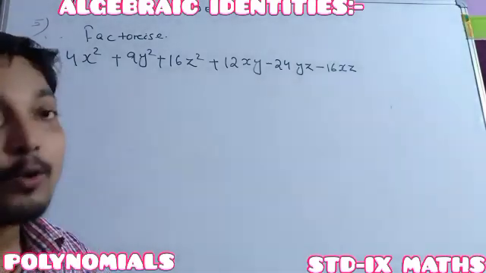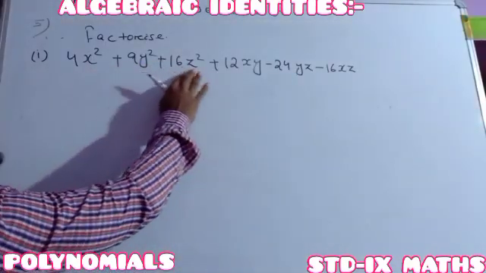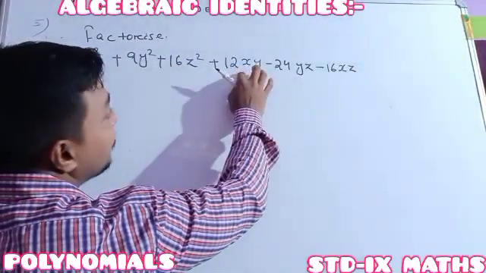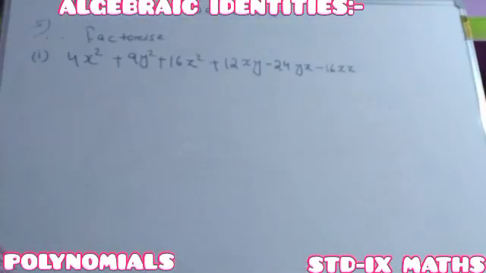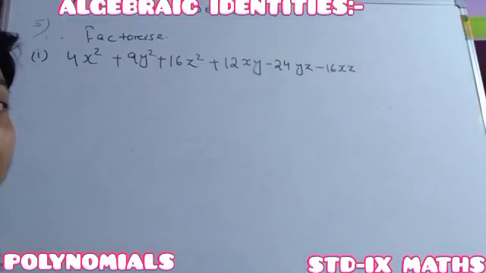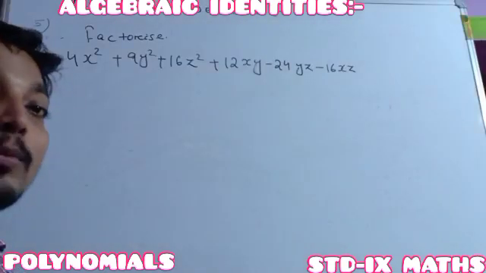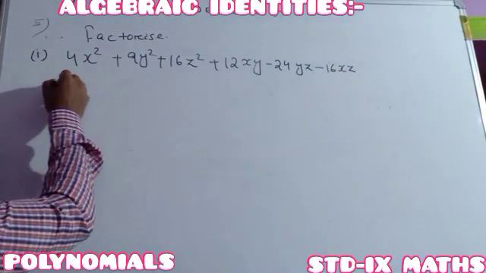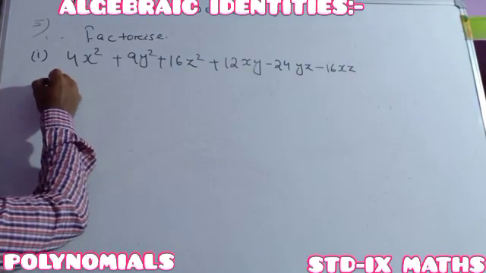So the important thing is we have to arrange whether it can be written as 3 square terms must be there. Then after the product of it means 2 into something, 2 into something, 2 into something. So let me arrange so that we will get whose square finally we will get. The 3 terms are how much and how much. Okay. See, here it is 4x square.